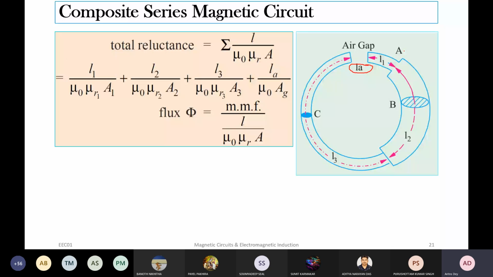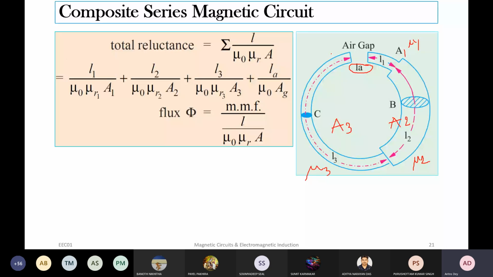If you have a magnetic circuit like this of length L1 with cross section area A1 and permeability mu1, and then a different material with cross section area A2, length L2, and permeability mu2, and the third one with L3, A3, mu3, and for the air gap it is mu0, A0, AG and LG.